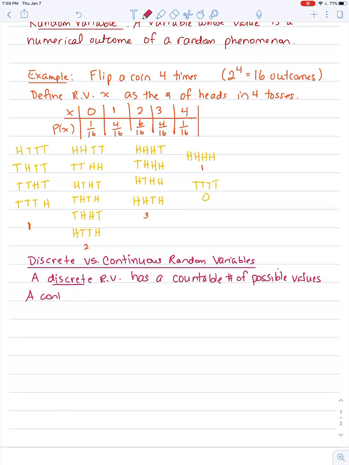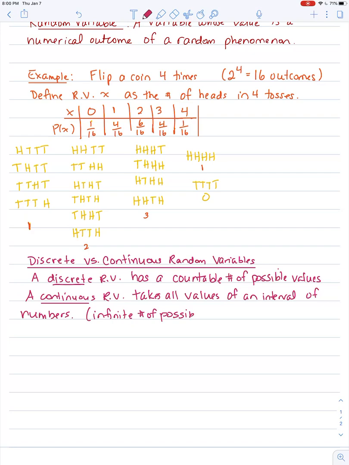A continuous random variable takes all values of an interval of numbers, which has an infinite number of possible values.